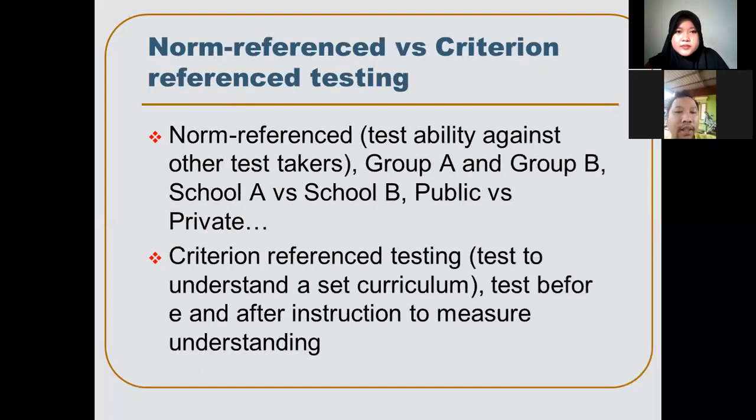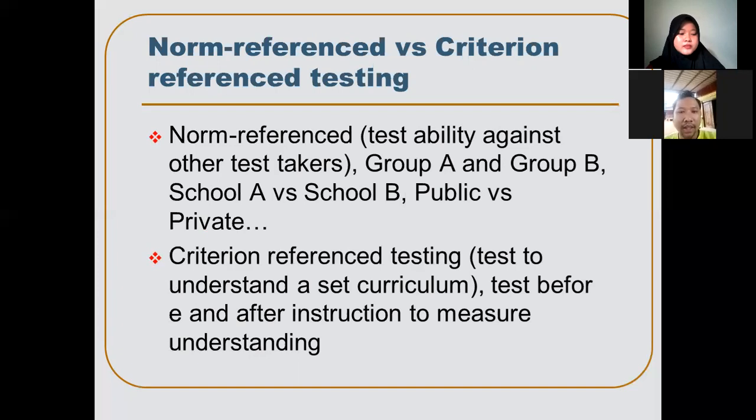Okay, next. Another very popular test that we normally hear about is norm-referenced and criterion-referenced testing. In norm-referenced testing, we test one group's ability against another group's in order to compare and see which one is better.